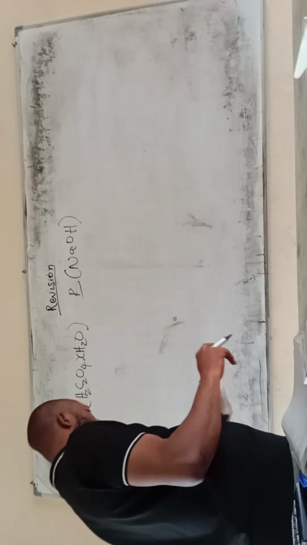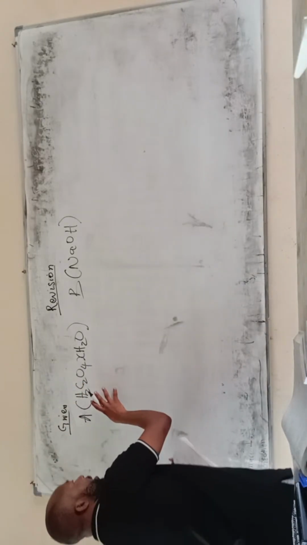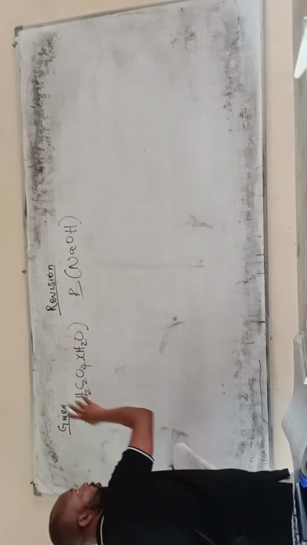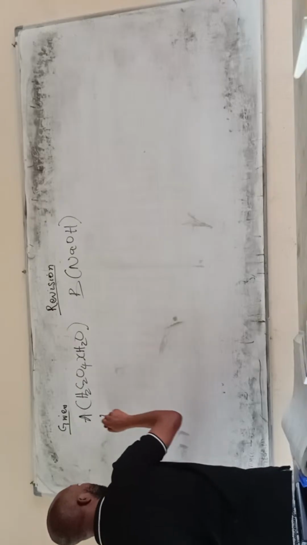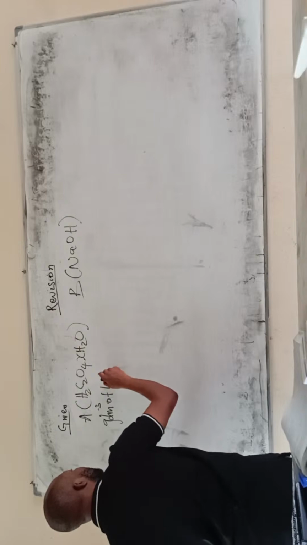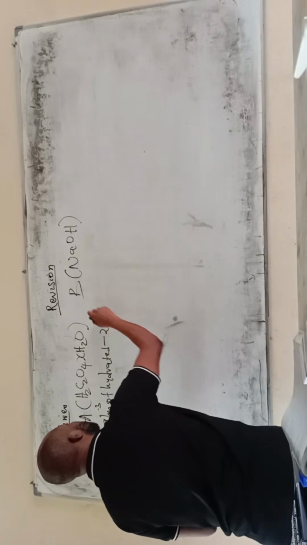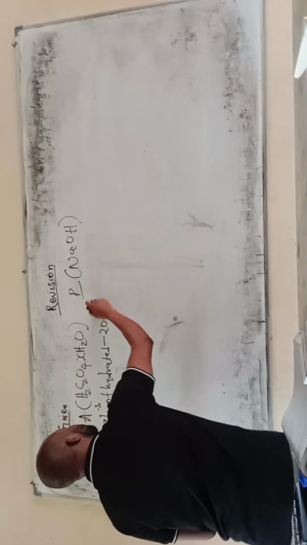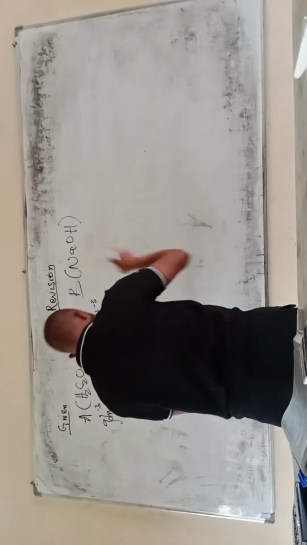Now, A contains 20 grams of the crystal. So the mass concentration of the hydrated substance is given to be 20 g per dm cube. We'll continue.